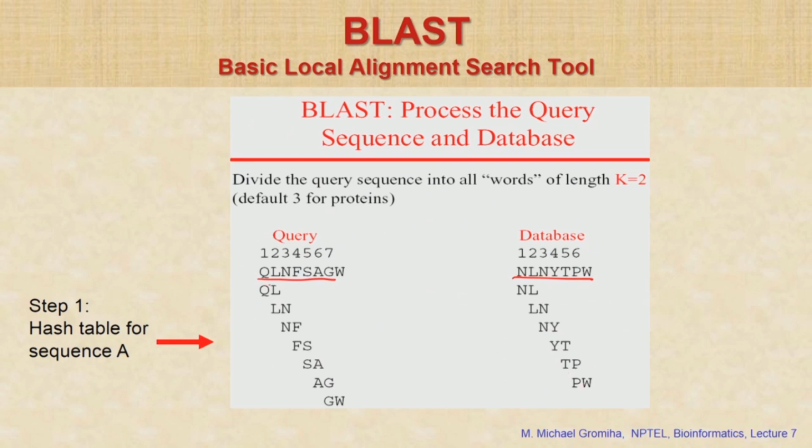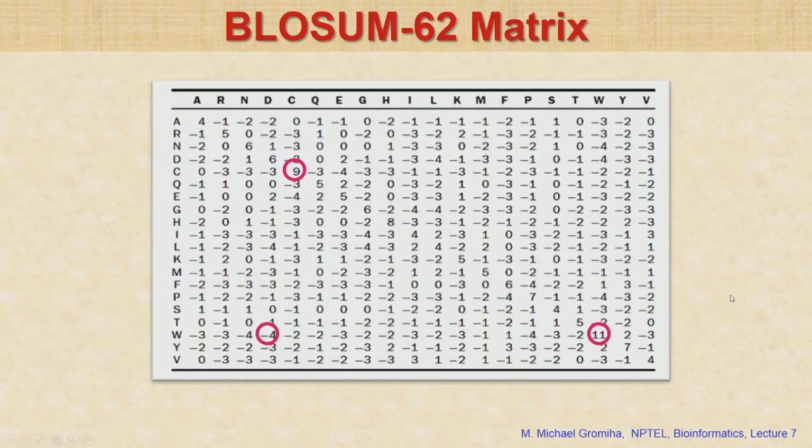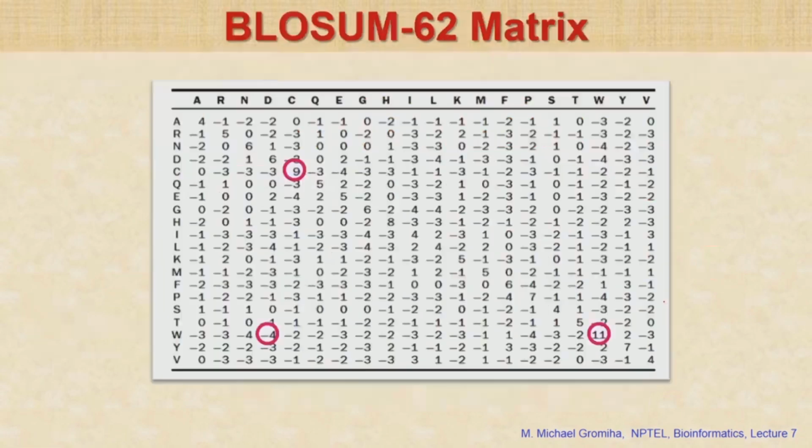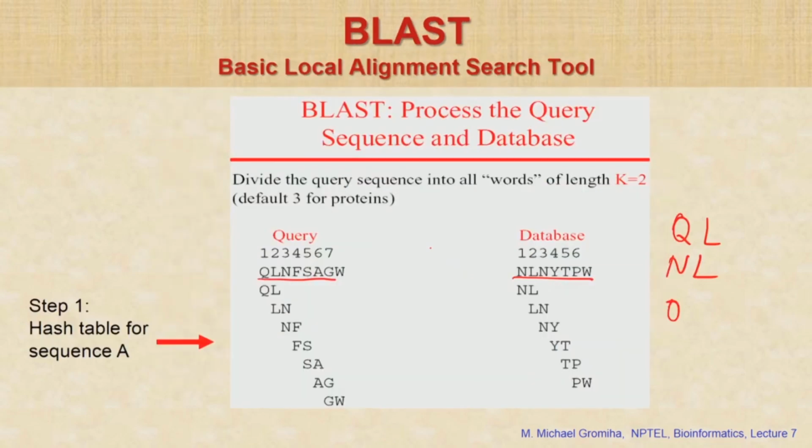Then where do we match? First we see QL and NL. So, we take QL and NL, what is the score? Compare these values, what is Q and N? Q and N, 0, right. L and L, 4, right.